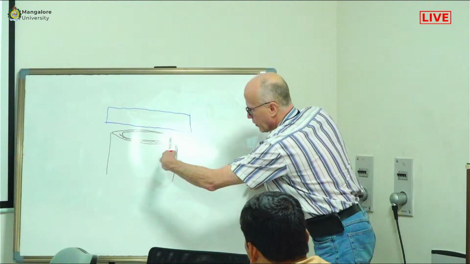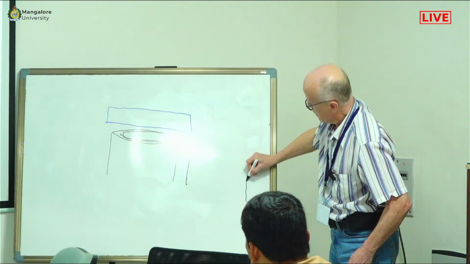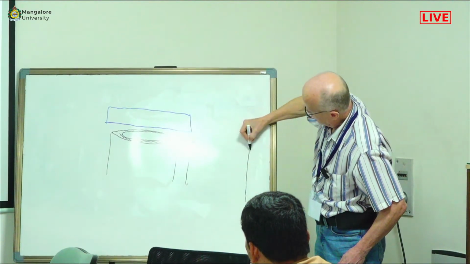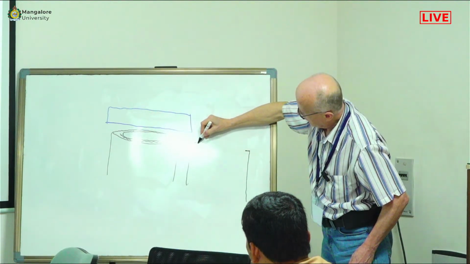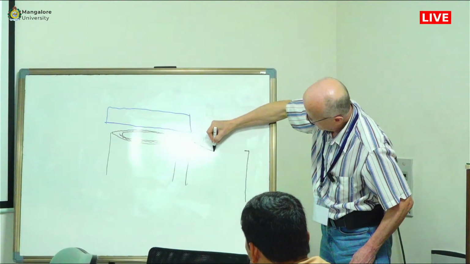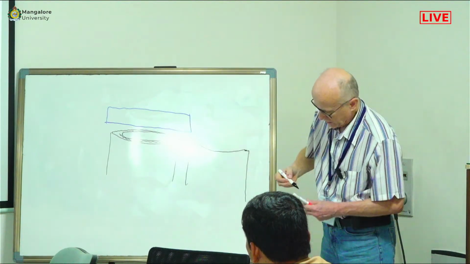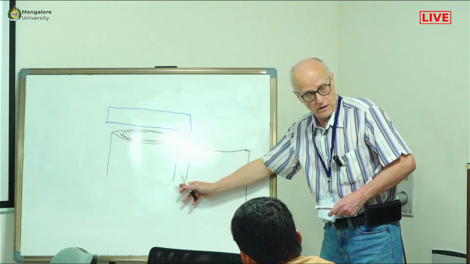But if you are looking at it this way, the point is this. So this is the part of the metallic ring, and the window goes like this, in fact. And this is because of the vacuum inside the detector.